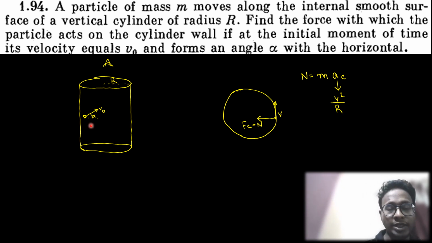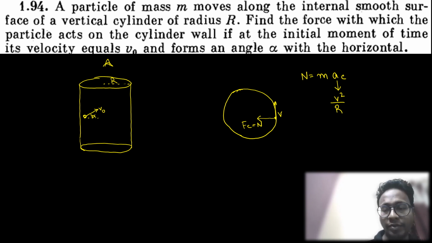Now this v here, only the horizontal component would act in the formula for v square by r, right? Only the velocity component in the plane of this circle. If I cut this cylinder, the component of the velocity along that cut circle will play a part in the centripetal acceleration.